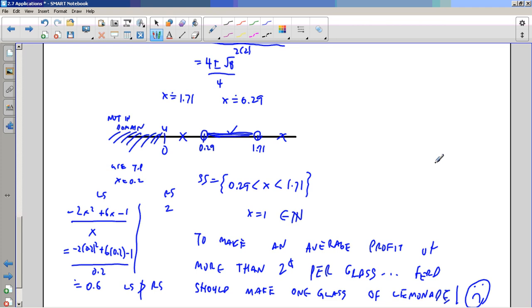So an average profit of 2 cents a glass, maybe that's a decent amount. And if he lowered that, maybe per glass he only wants to make 0.1 cents, then the number of feasible solutions for him would increase if it wasn't such a high profit value of 2 cents per glass. All right, that's example 1.